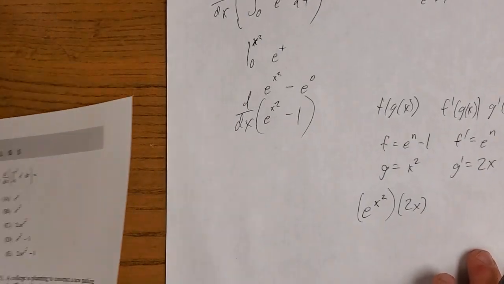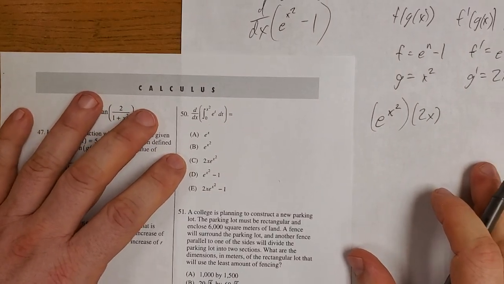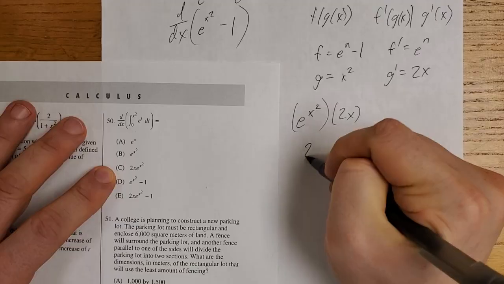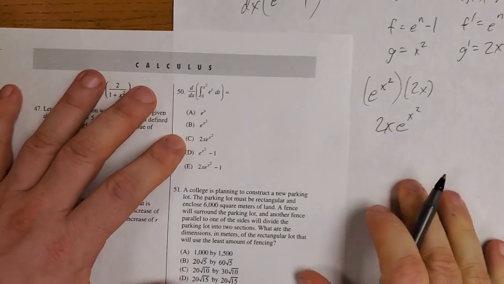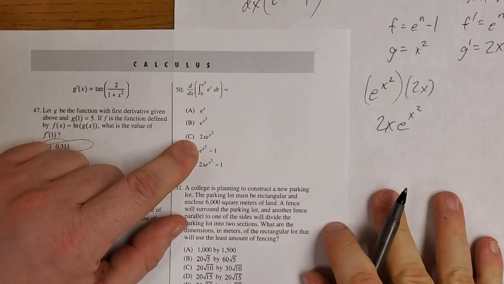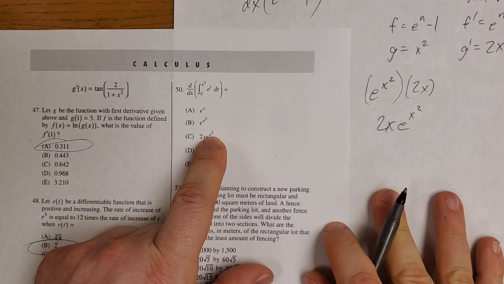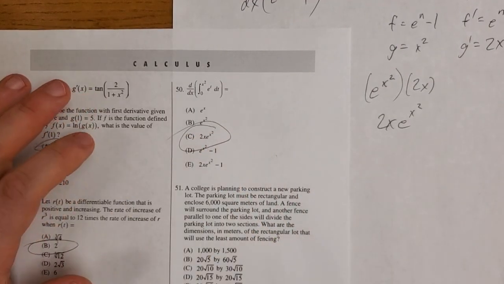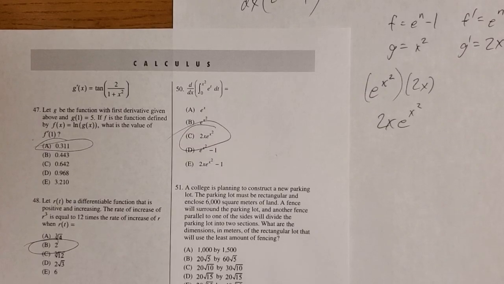And if we look at our options here, let's actually just say that the 2x goes in front. And that is, in fact, one of our options, 2 times x times e to the power of x squared. And that is indeed our answer there.